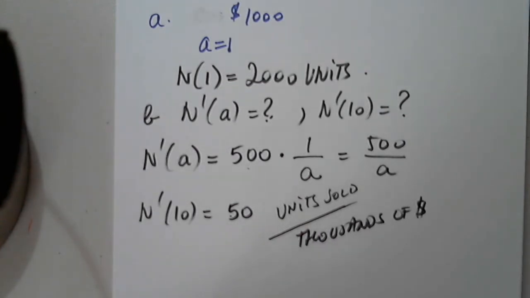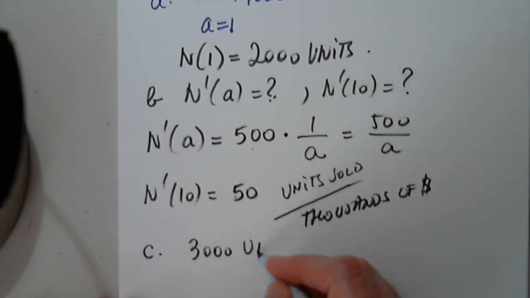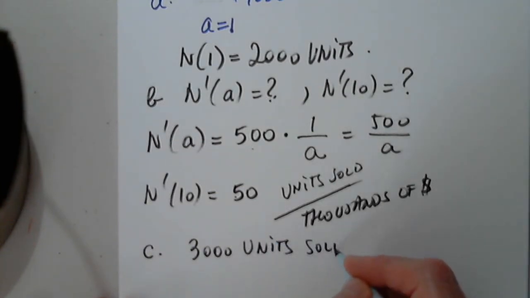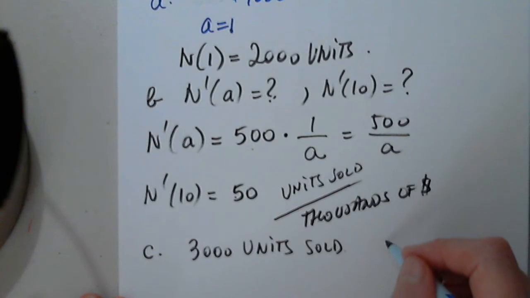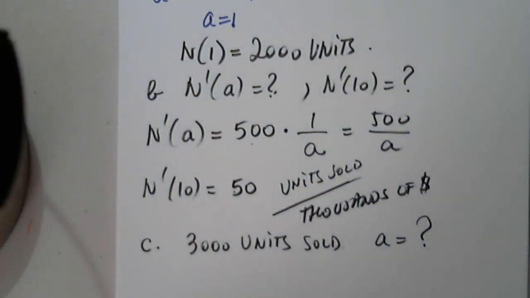Awesome. Part C. How much should be spent on advertising if 3,000 units are to be sold? So put 3,000 units sold for N of A. Would we set it equal to 3,000?